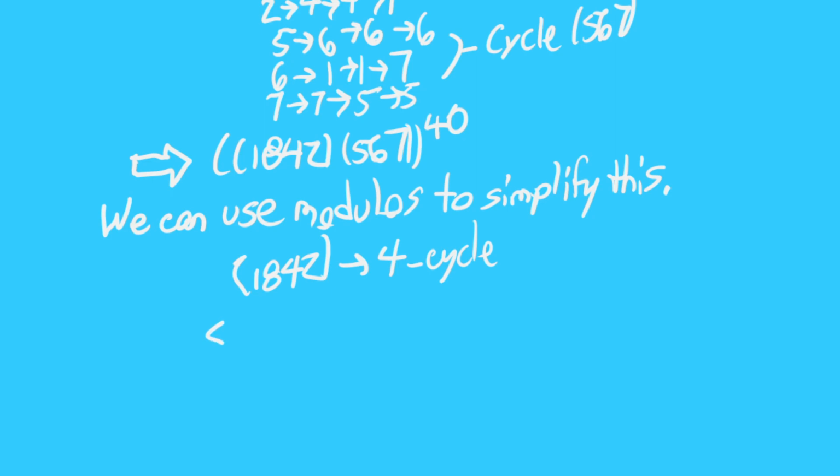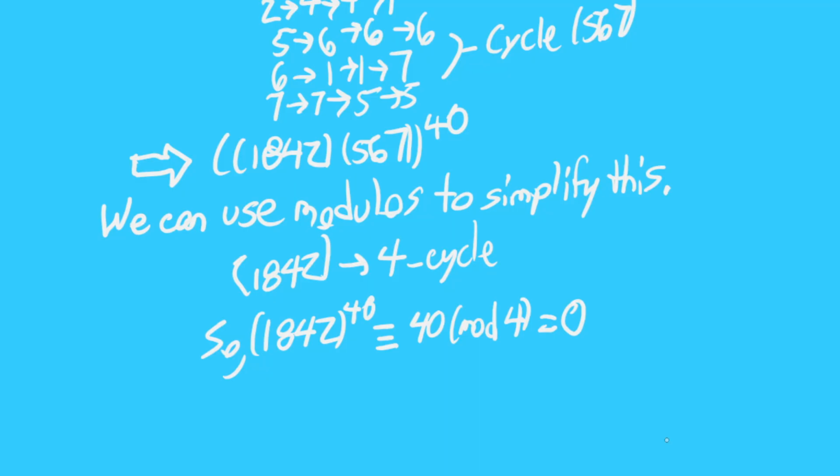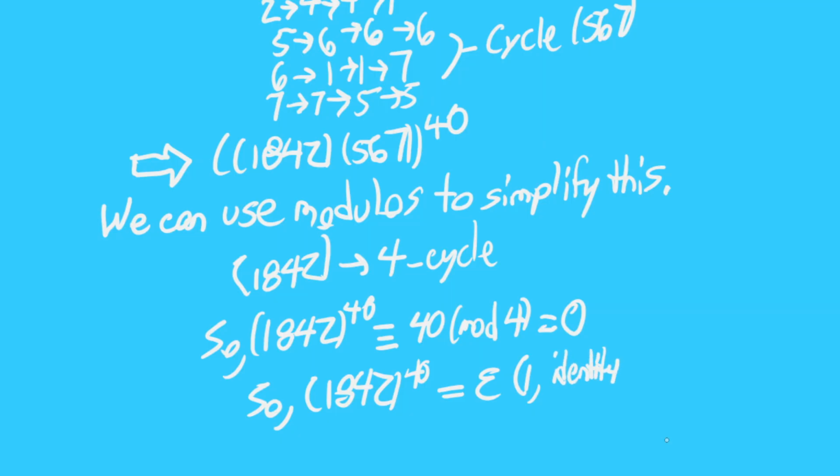So (1 8 4 2) raised to the 40th is logically equivalent to 40 modulus 4, which equals 0. So (1 8 4 2) raised to the 40th equals epsilon, which is 1, or our identity permutation.